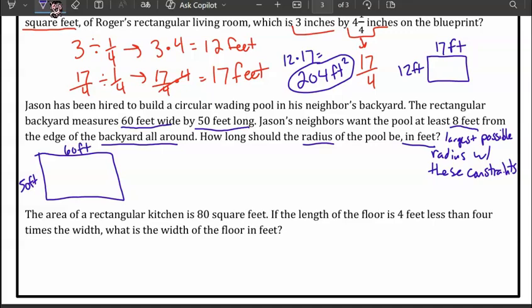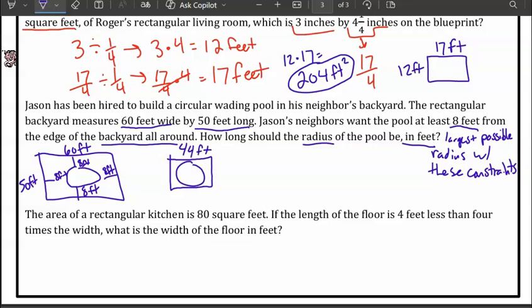It says 8 feet from the edge of the backyard all around. So we have 8 right here, 8 right here, 8 right here, and then 8 right here. And we're going to draw a pool from there. That's going to be circular. So now we have a remaining length of 60 minus 16, 44 feet.